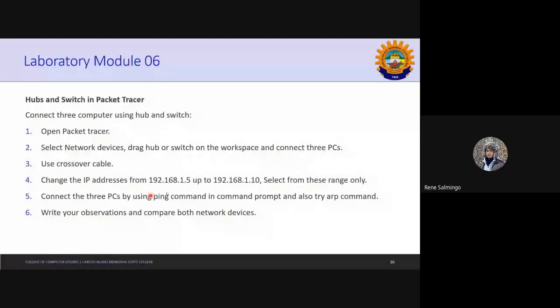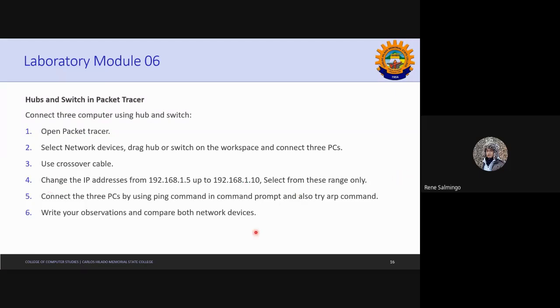So take note of the instruction, and also this is just an example of IP address that I'm going to give you, but on the Google Classroom, you will have a different IP address to set up. Okay, so in this case, after you made the connection, you will change the IP address from this range only.